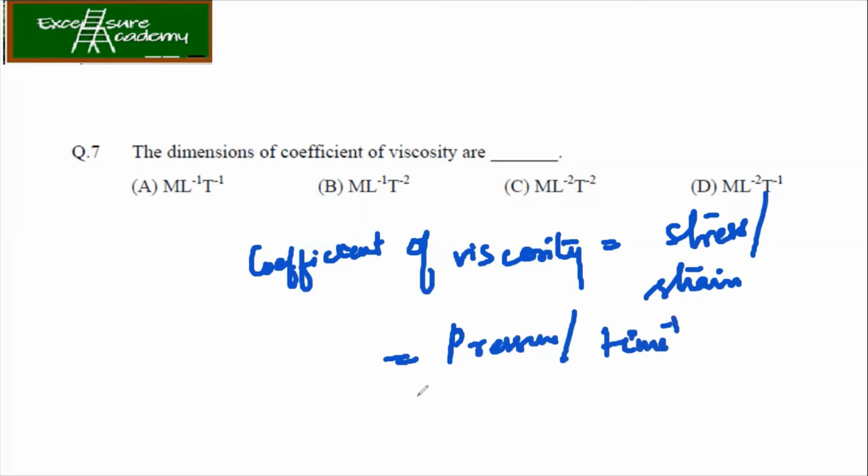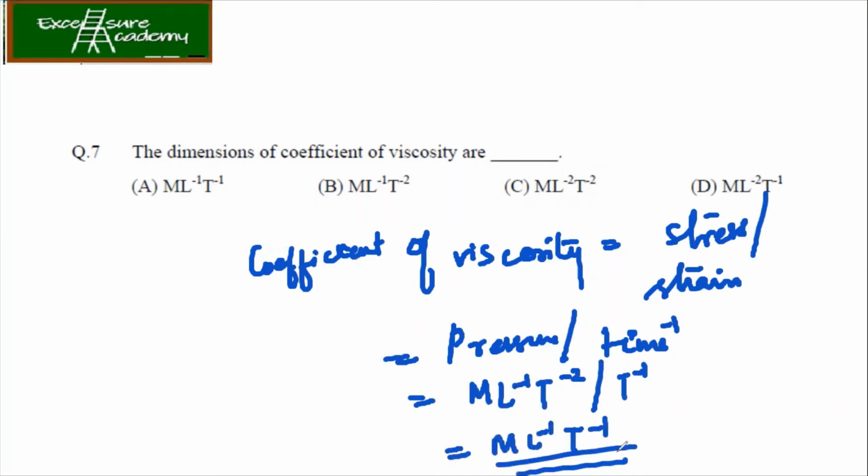So totally what will be the dimension? ML^-1 T^-2 by T^-1. So finally what we get is this. If you know the units of stress and strain, then it becomes very easy to calculate the dimensions of the coefficient of viscosity. So hence the answer is A.